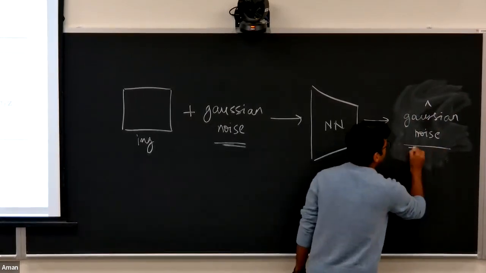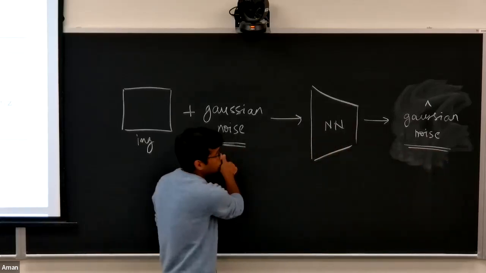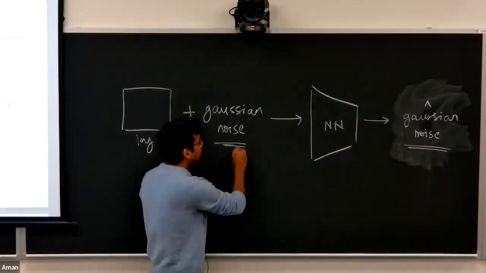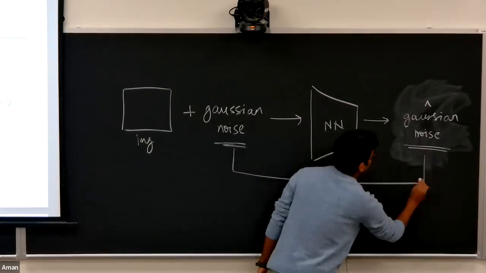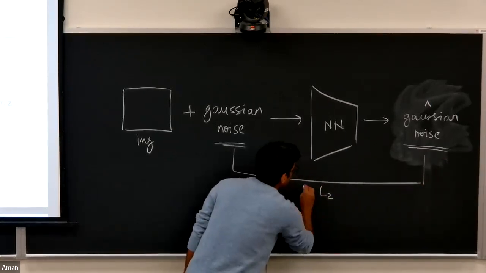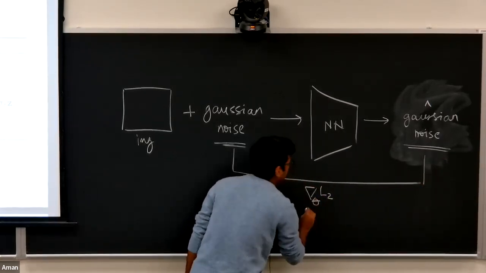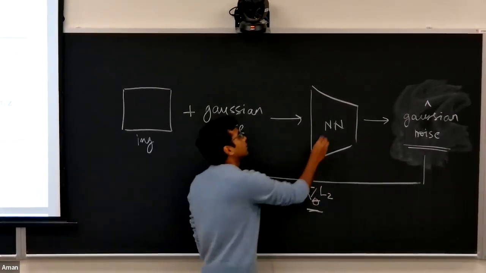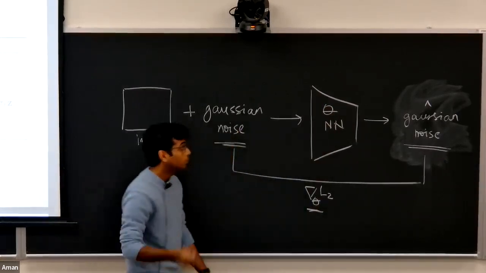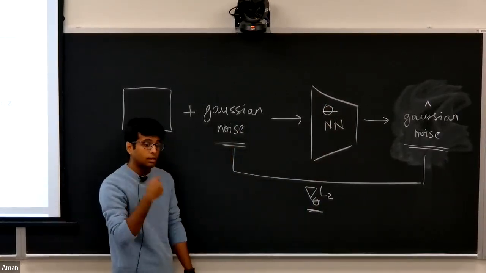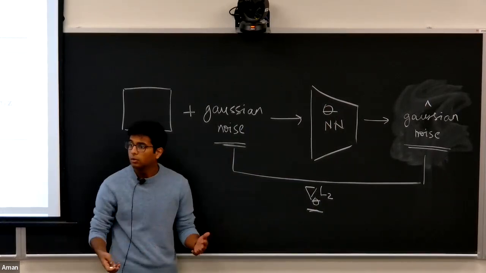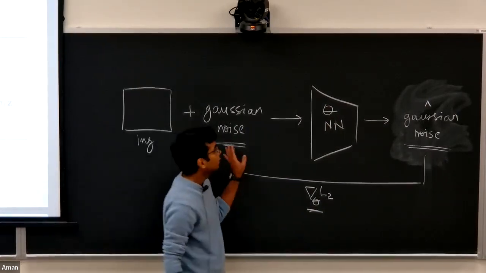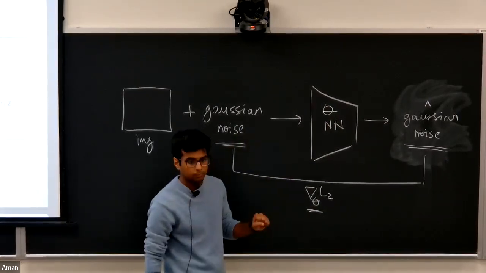This should be exactly equal to the Gaussian noise that we have added. So you can compare these two with an L2 loss, and then a gradient on this L2 loss will help you optimize the parameter theta of this neural network model. This neural network model has parameters theta, and you optimize them, and you're able to train a model which can remove all the noise from an image, right?